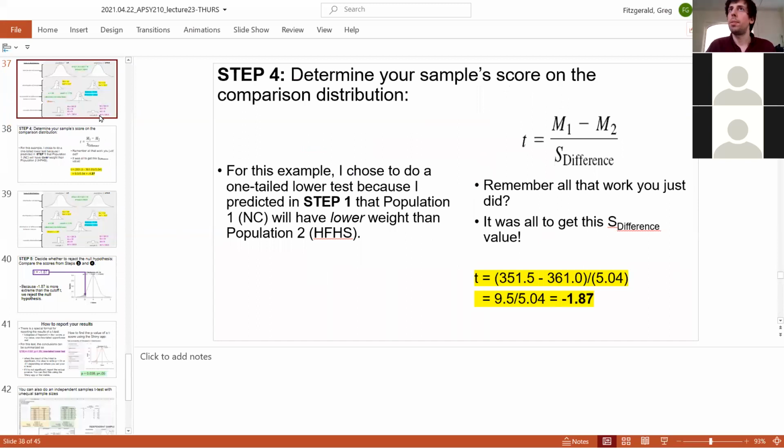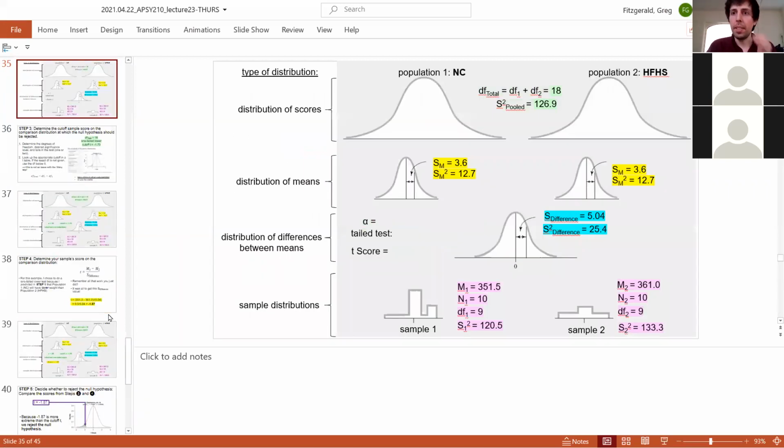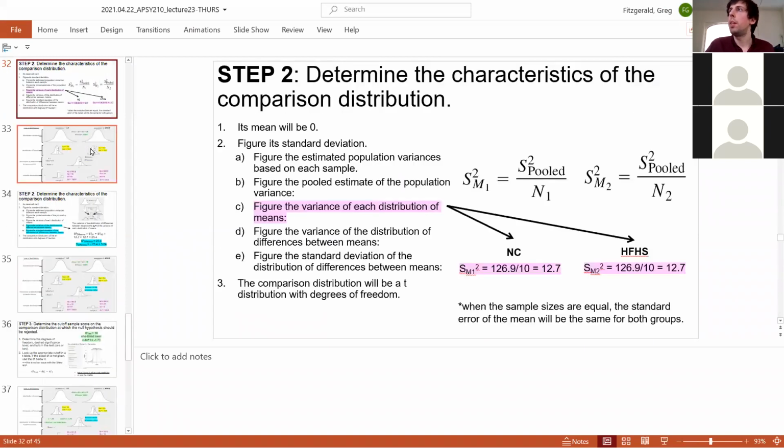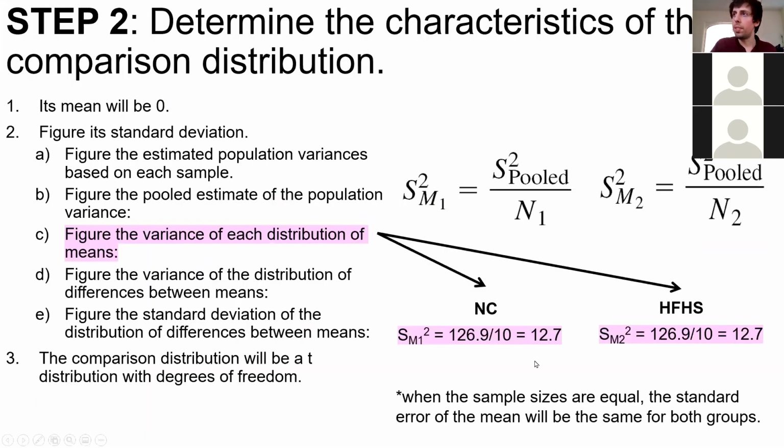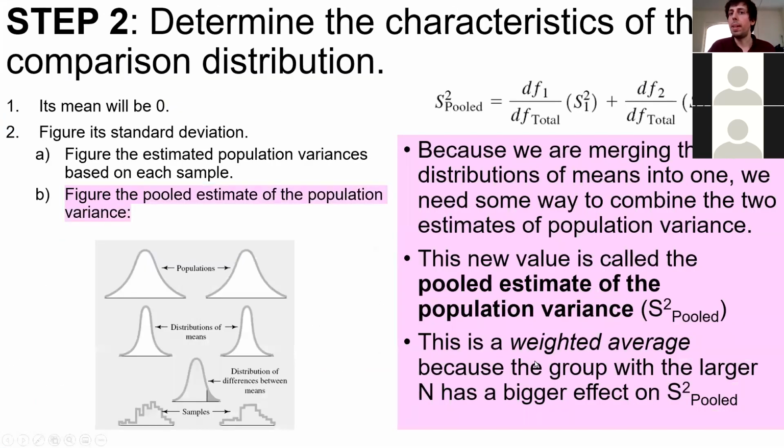All right, so let's continue with discussing the theory and then the practice of the independent samples t-test. So when last we left off, we were talking about how the most difficult step of doing the independent samples t-test kind of problem was figuring out the characteristics of our comparison distribution.